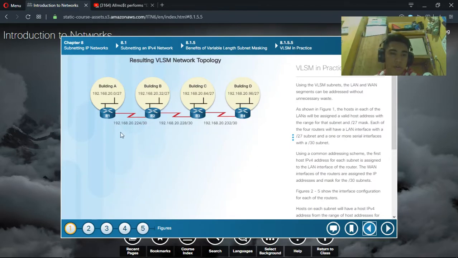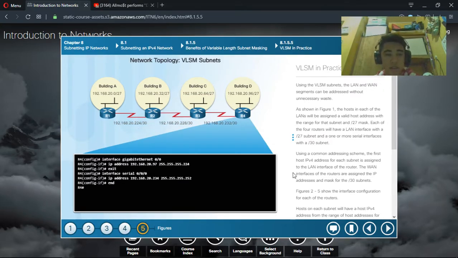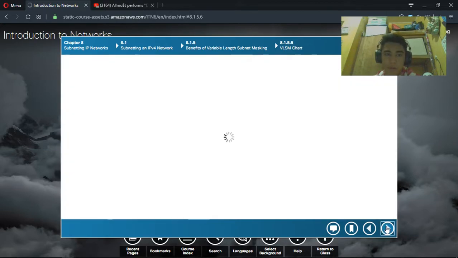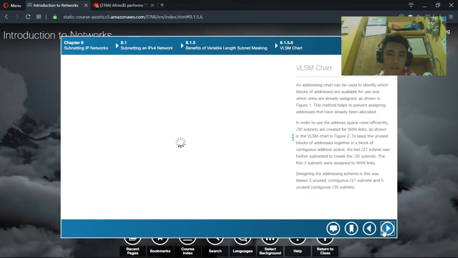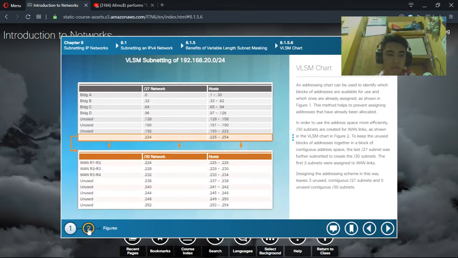Okay, let's look at the VLSM topology chart.